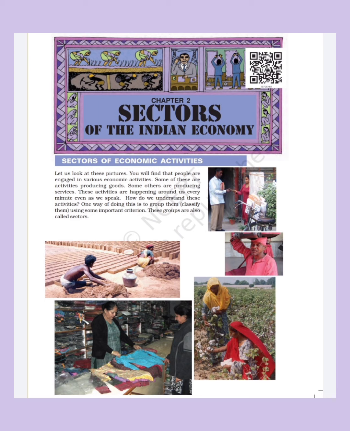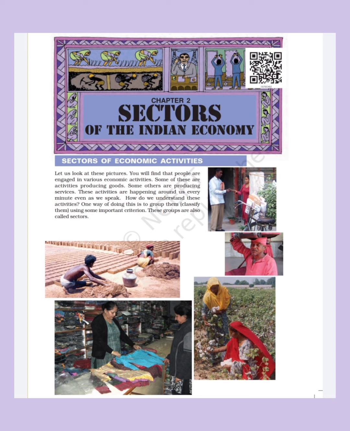For example, in the first picture, the people are making bricks, one woman is selling clothes, women are harvesting cotton, there is this coolie who is carrying luggage, and then there is this postman who is delivering letters from door to door.